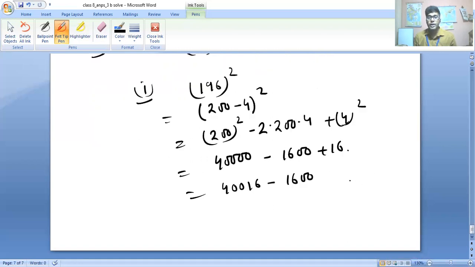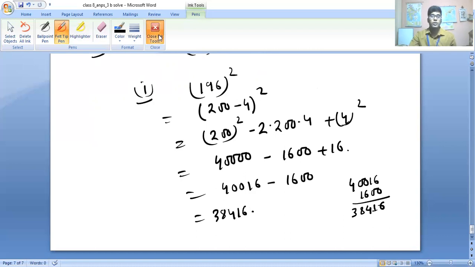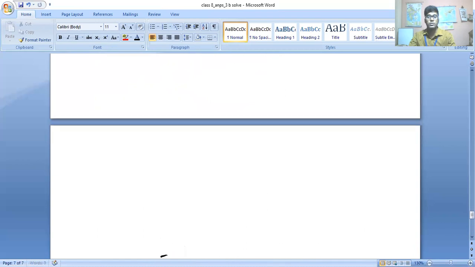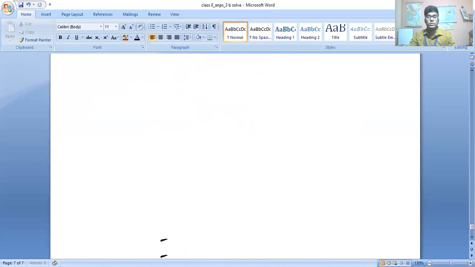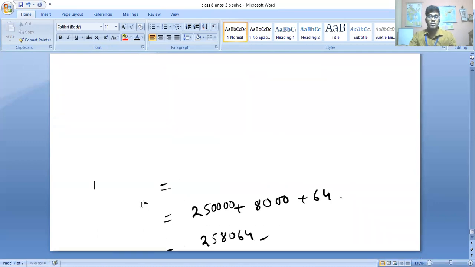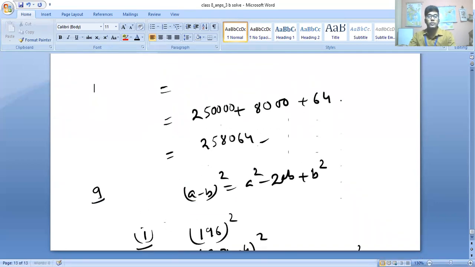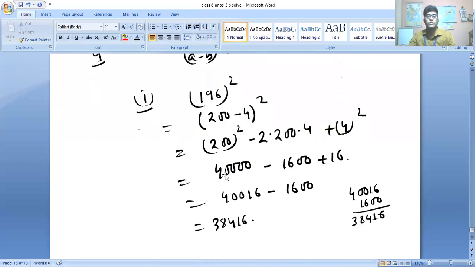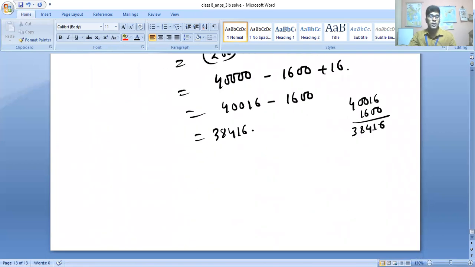So you can subtract. So 38416. Clear, students? Just need to make sure there is enough space here for us. For that, we need to bring some space.